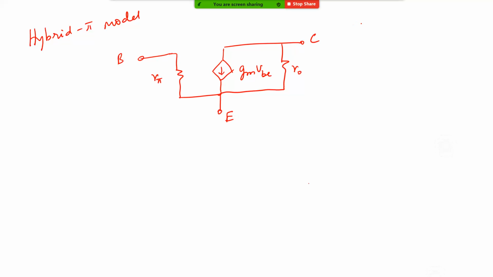Now notice that in a small signal model, the first thing that we do is that the small signal model does not have DC information or DC bias information.